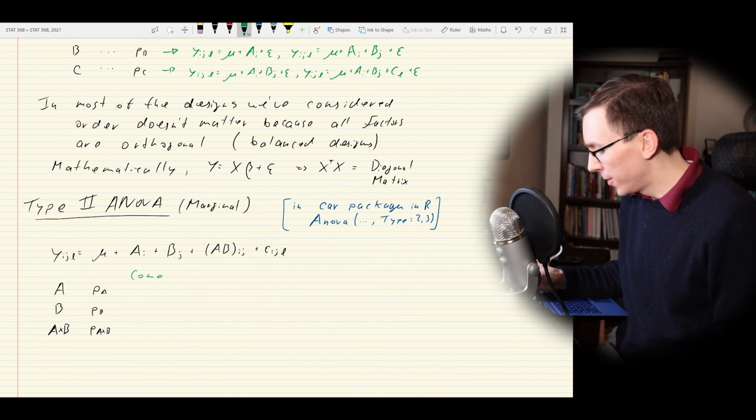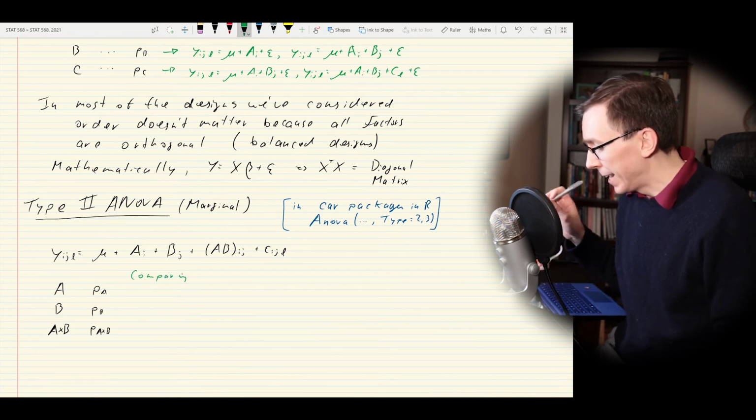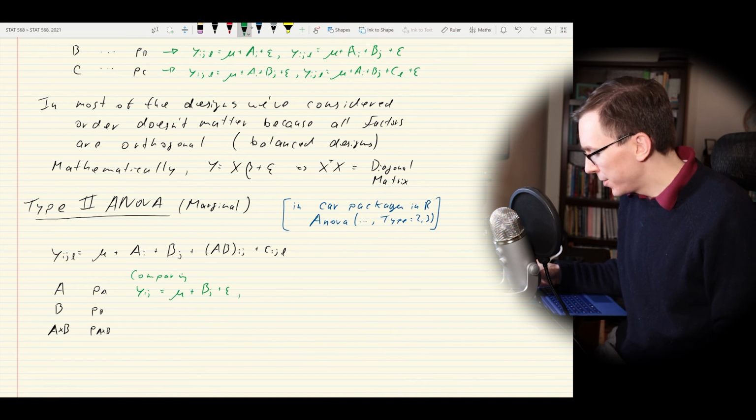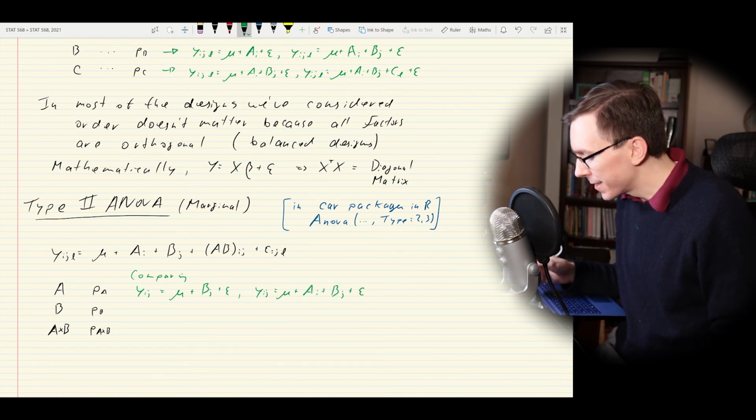In some sense, all of these F tests are just comparing two models. In the first case, we're going to be comparing the model Yij equals mu plus Bj plus epsilon to the model Yij equals mu plus Ai plus Bj plus epsilon.